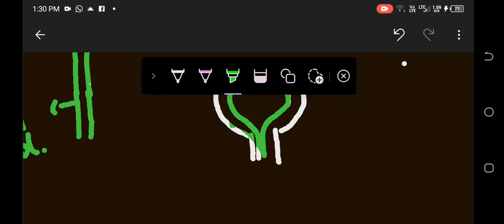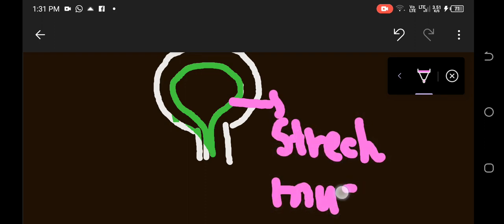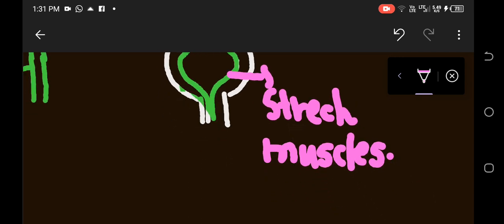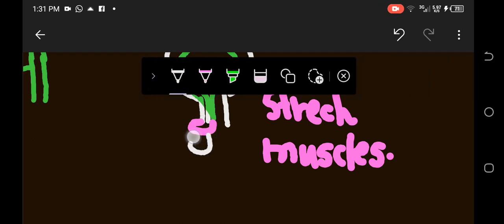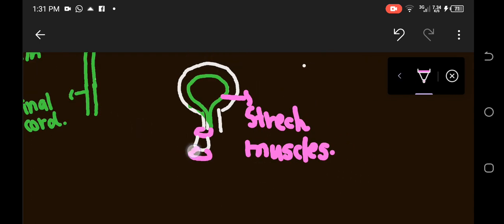Here you can see we have stretch muscles present. Here we have one sphincter present. After that, this is the urethra. Then again we have another sphincter. So now here you can see these are the stretch muscles and here urine is present.